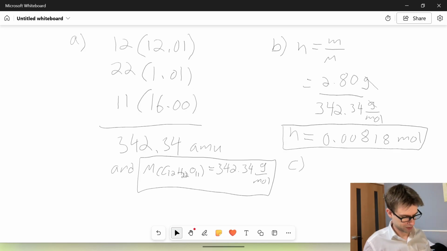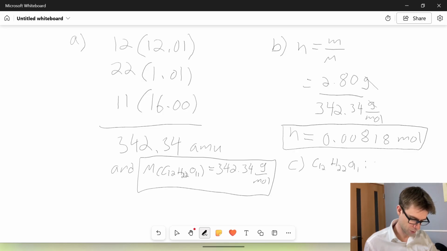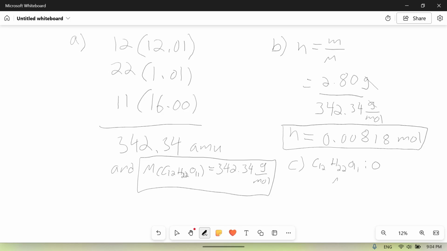And part C asks how many oxygen atoms are in this cube of sugar that's 2.8 grams. Well, what's the ratio of C12H22O11 to O itself? That ratio is 1 molecule to 11 atoms of O. So all I need to do is multiply my moles of sucrose by 11 to generate my moles of oxygen.